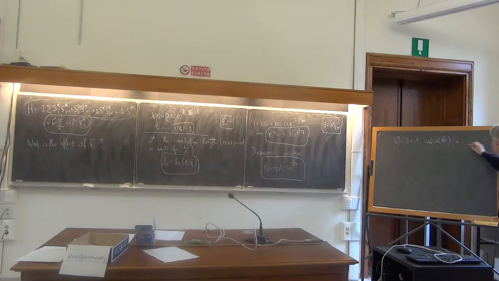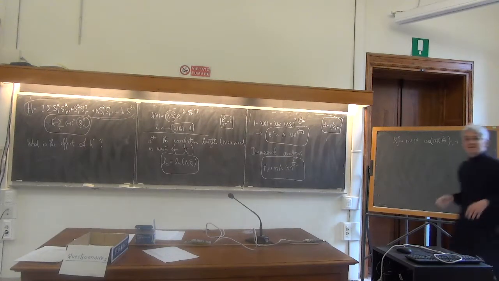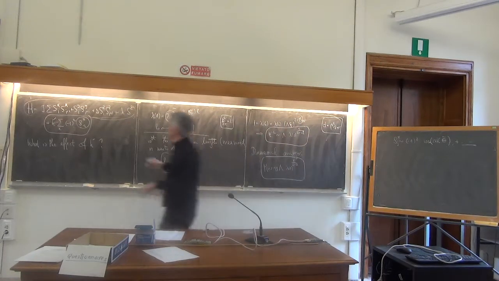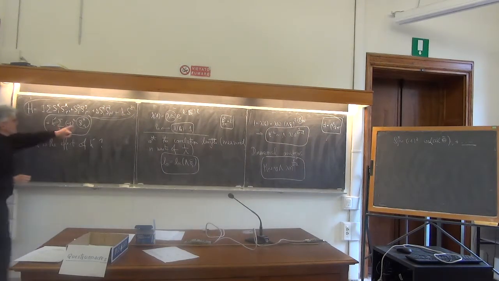Okay? So these other parts will be rapidly oscillating. There was a 2k_F because I have a magnetic field here, so I can drop them, because the rapid oscillations will average out.